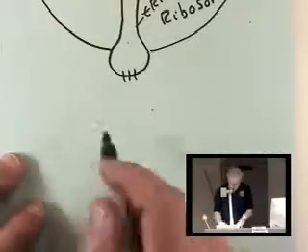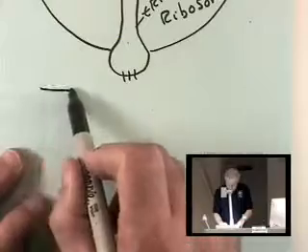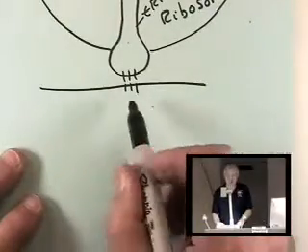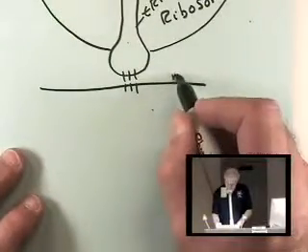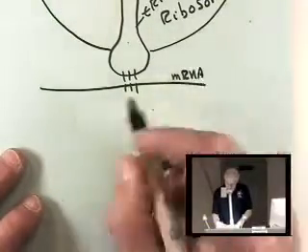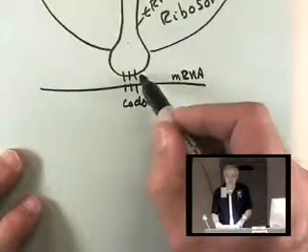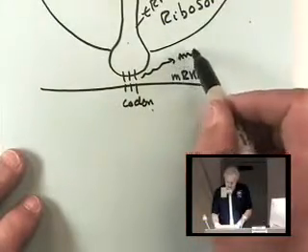And then also within the ribosome, the messenger RNA would be sitting there, and there's 3 nucleotides on that. So on the mRNA is the codon. On the transfer RNA here is the anticodon.